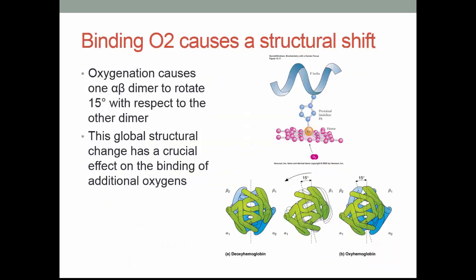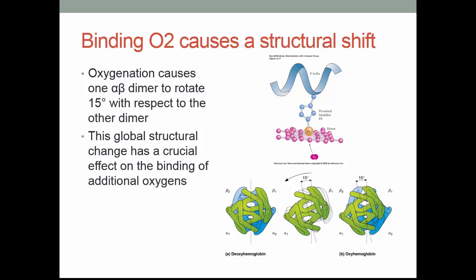When oxygen binds to hemoglobin, we see the same heme-localized structural changes as when oxygen binds to myoglobin, where the proximal histidine is pulled with the iron atom as it is pulled back into the plane of the heme.